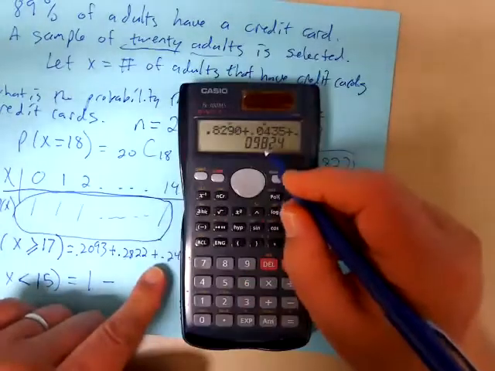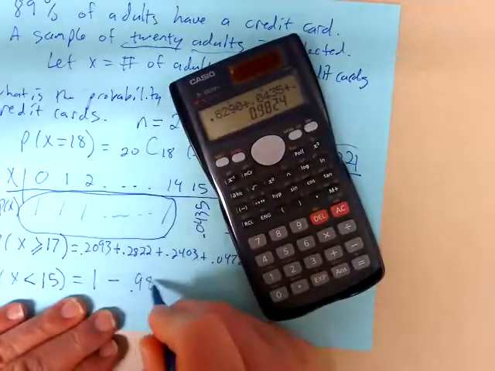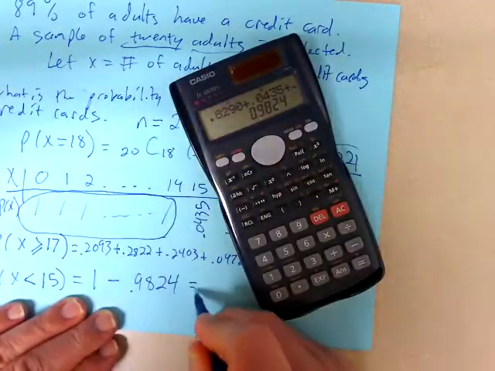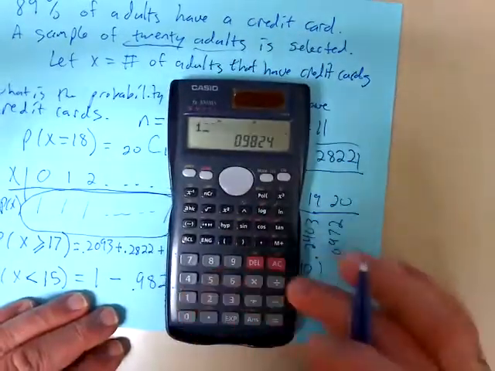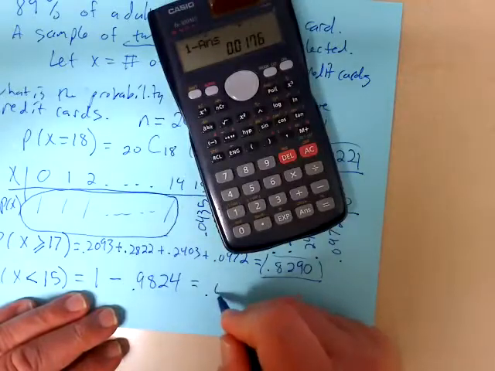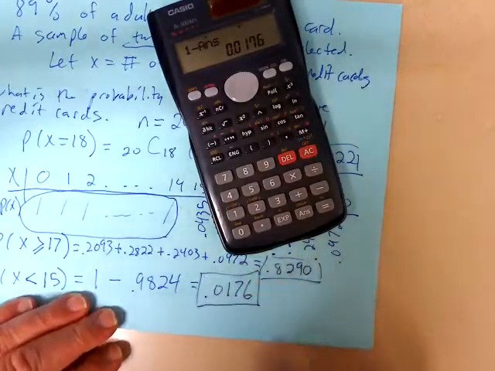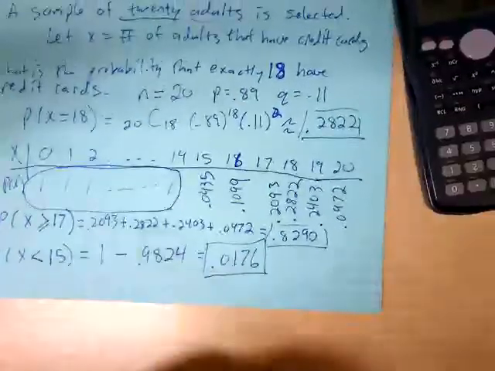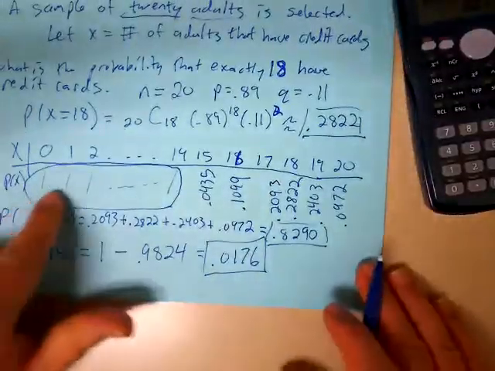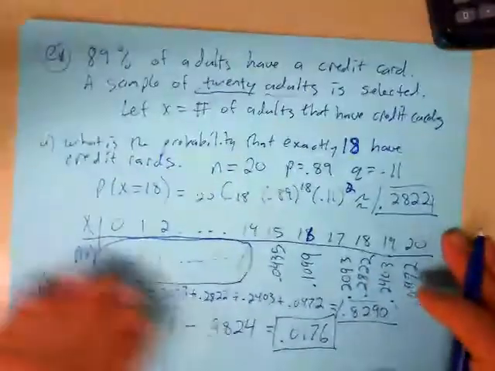And when I do that, I get 0.9824. I'm going to take 1 minus the answer, and I get 0.0176. And this is the probability that it's less than or equal to 14. So all of these have that probability.